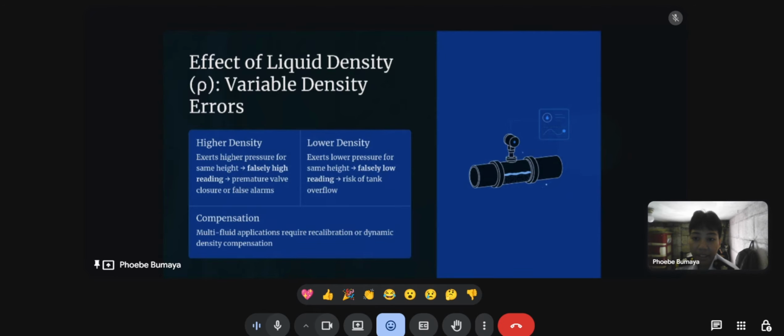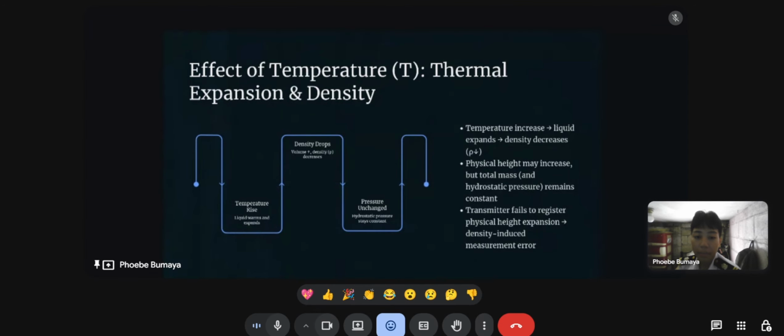For the effects of temperature, thermal expansion and density: as temperature rises, the liquid warms and expands. Density drops, as volume increases and density decreases.